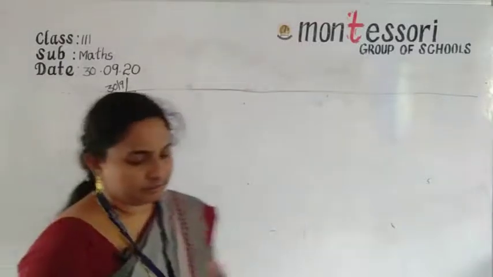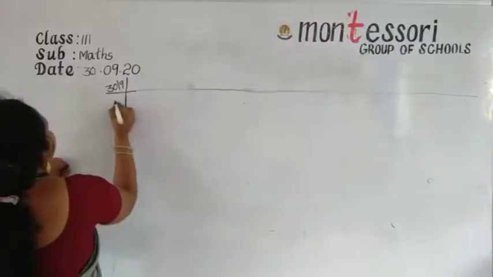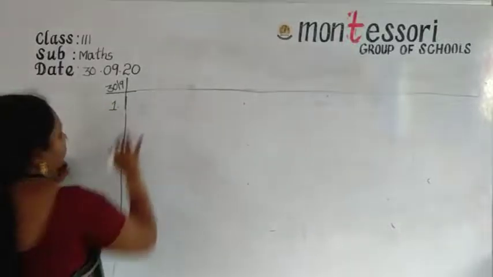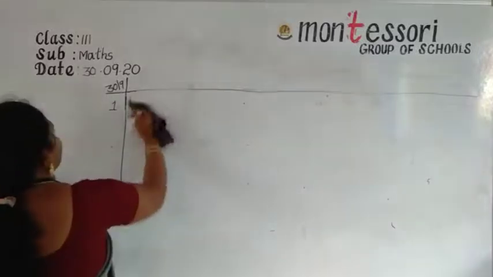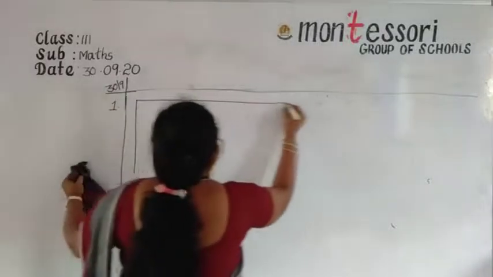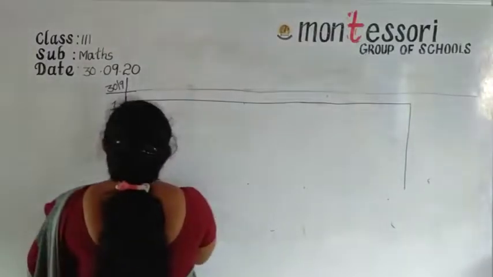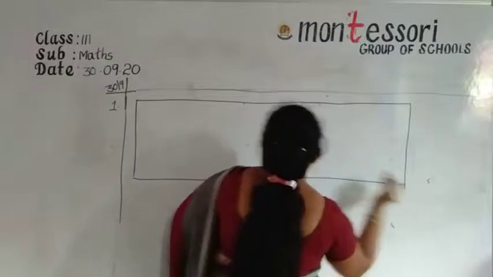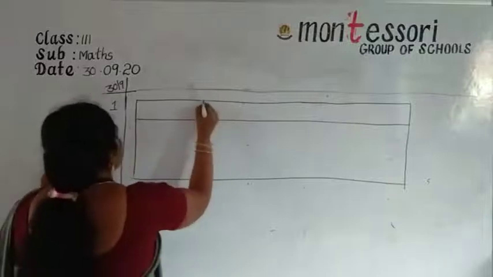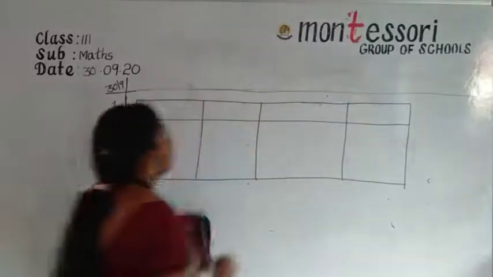And here, question. 3000. First write here. Draw the box. Take a pencil and draw the box.